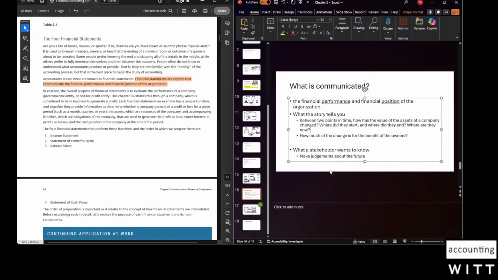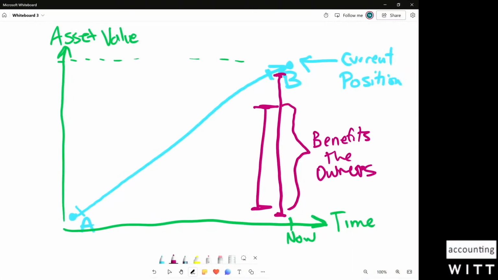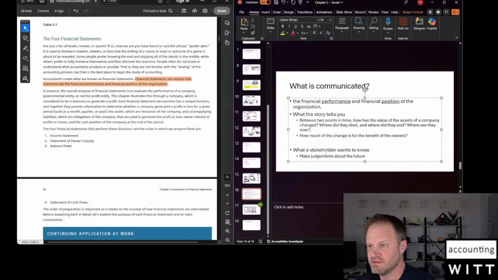So if somebody's showing you this story, as a stakeholder, if a business tells you that story right there, the question is, can you predict the future from that? So that's the purpose of these financial statements.